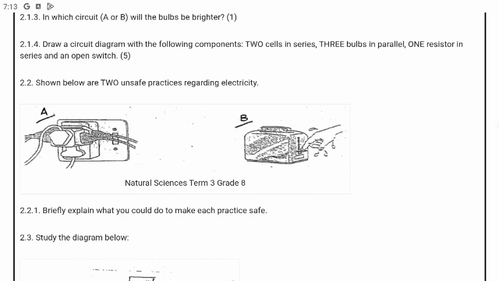And B, we have a finger with, is it drops? They look like drops, right? So a person is pressing down a, is it a bread toaster? Yeah, it's a bread toaster, and a person is dripping with water, and they're pressing down that.